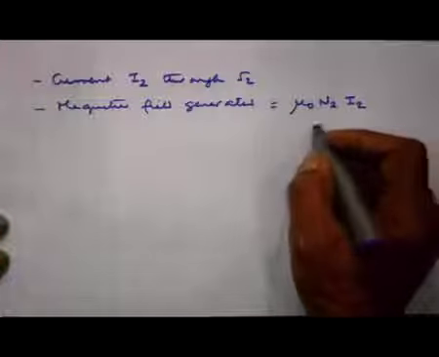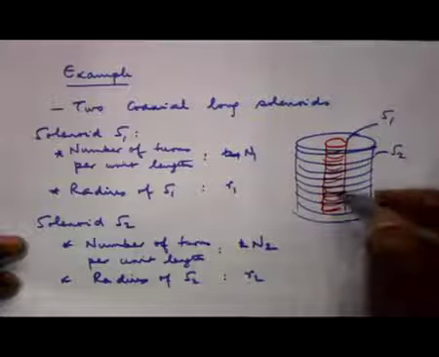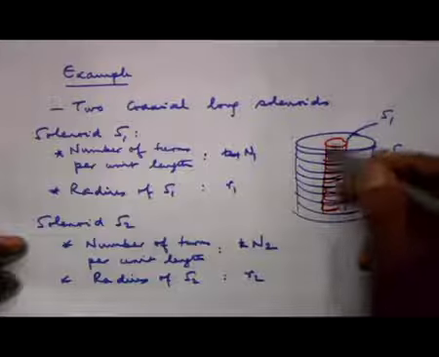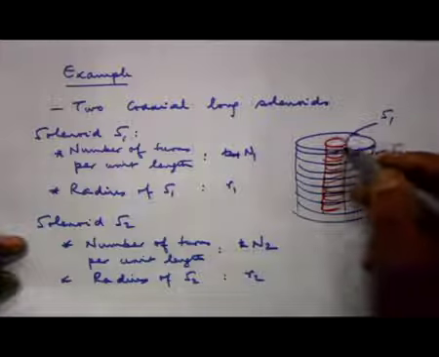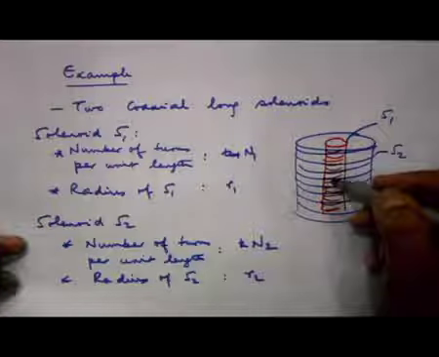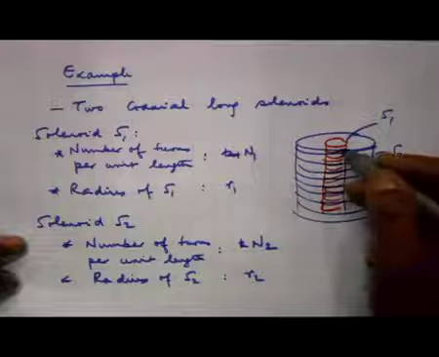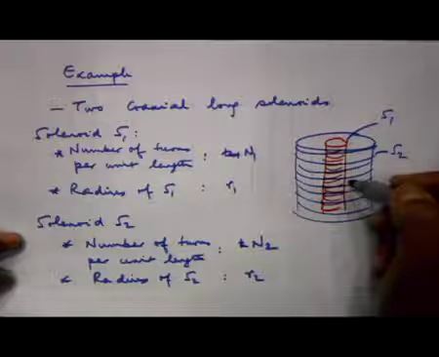Mu naught N2 I2 is the magnetic field generated by S2. Now, part of that magnetic flux is passing through S1. So, S1 now encloses a certain flux, and there is a mutual inductance between S1 and S2 when I pass a current through S2. So, what is that?